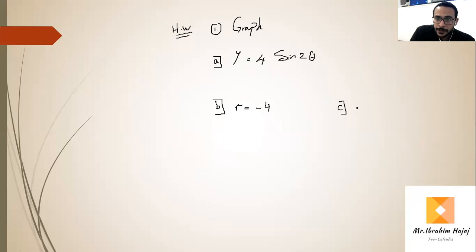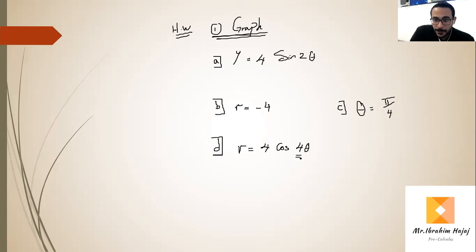Letter C, graph theta equal to pi over 4. Letter D, R equals 4 cosine 4 theta. So we have 8 petals, okay?